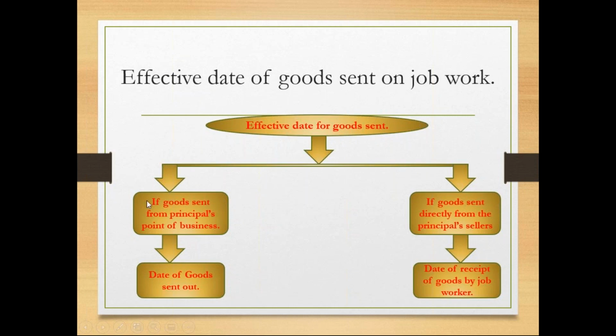If you are sending the goods from your manufacturing area to the job worker, then the date when the goods move out of your factory is the date on which the goods are assumed to be sent for job work. And if you are sending directly from the vendor's place to the job worker, the date of receipt of the goods by the job worker is the effective date we assume for the goods sent.